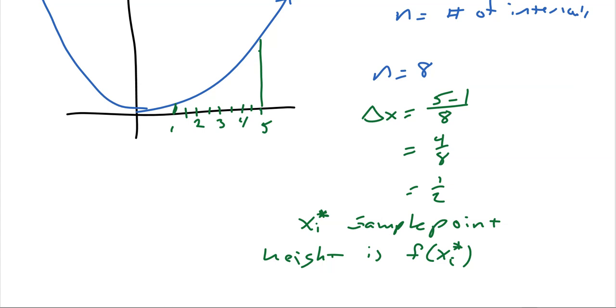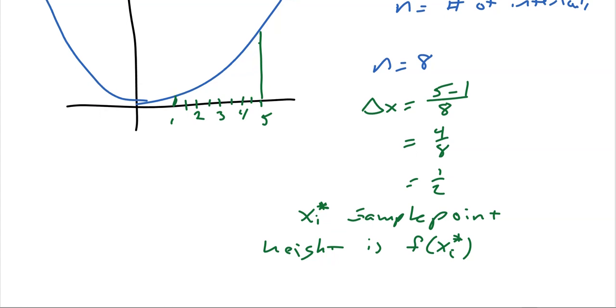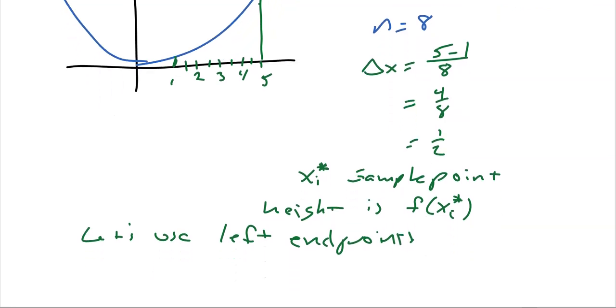So what we're going to do is we're going to pick, let's just say the left endpoints, okay? So let's use left endpoints. So looking at our intervals, we start off at 1, and then we go to 1.5. So there's our first interval, from 1 to 1.5. The endpoint on the left is the 1, right?